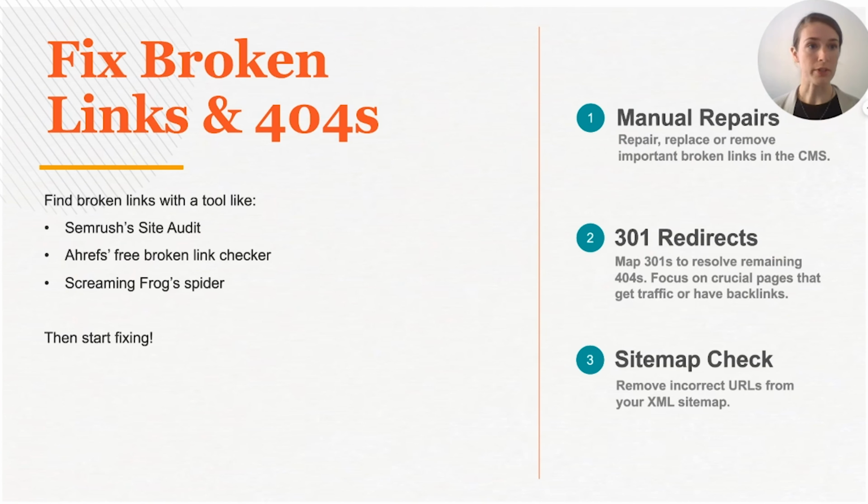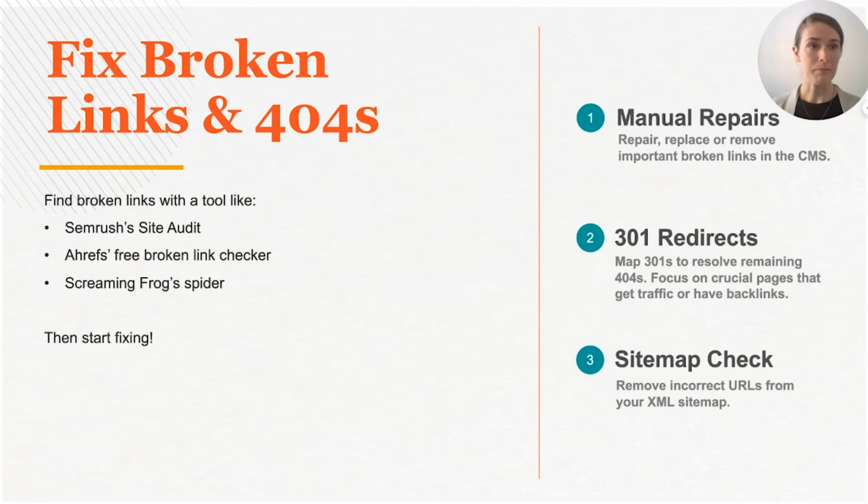Today, though, we're just focusing on 404s, which are the most common client-side error that you'll find on your website. And this error just means the page cannot be found. So a search engine and a user can get no value from the experience. So we want to crawl our website, identify those errors, and then get them put into a spreadsheet so that we can decide how to fix them.